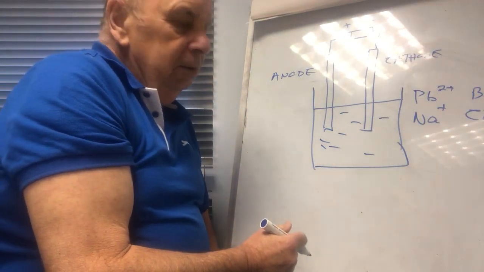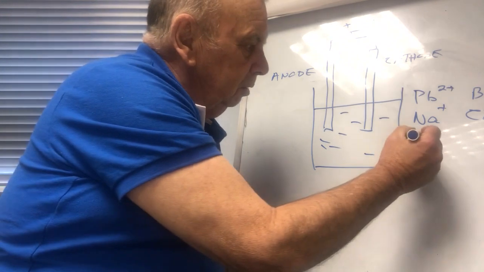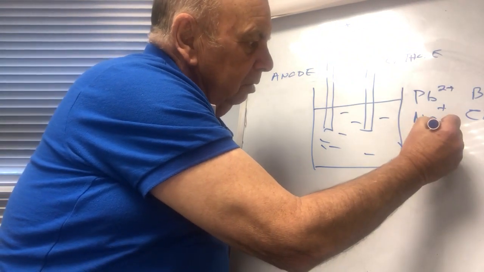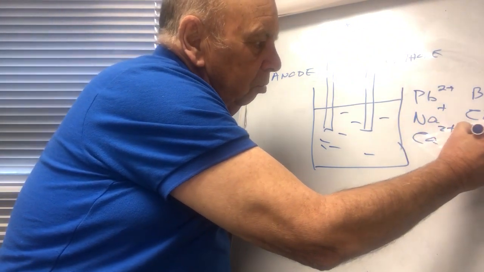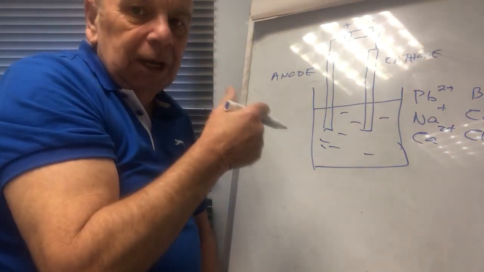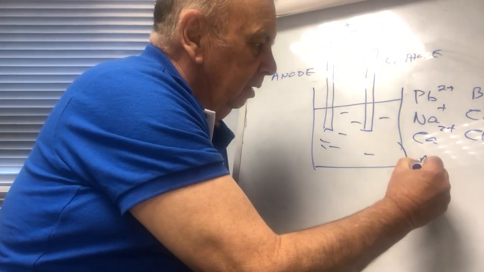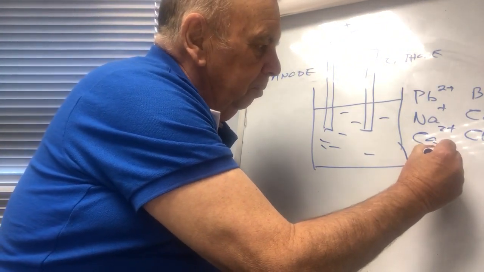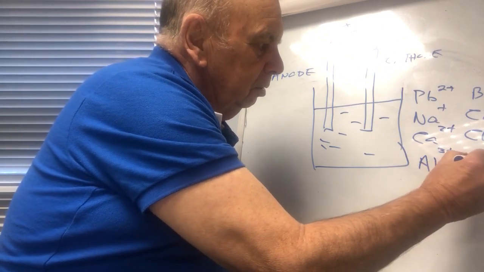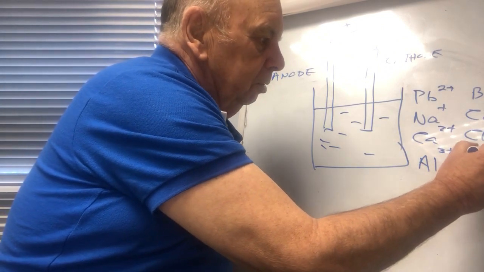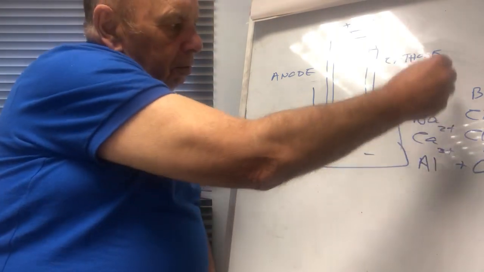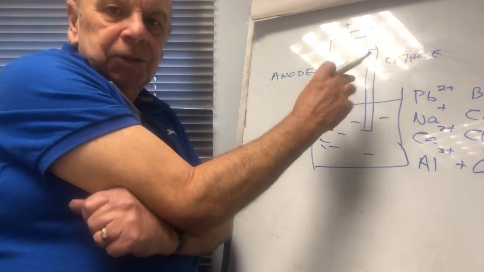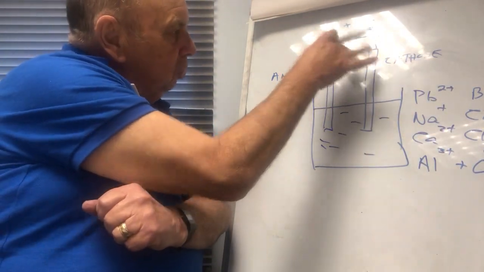And calcium chloride has calcium 2+ ions and chloride ions, and aluminium oxide has Al3+ ions and oxide ions.